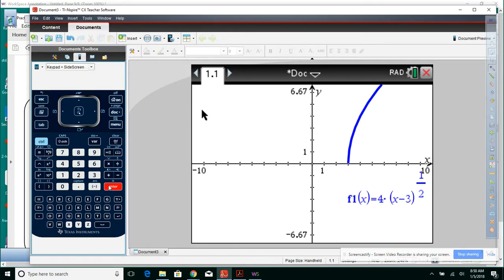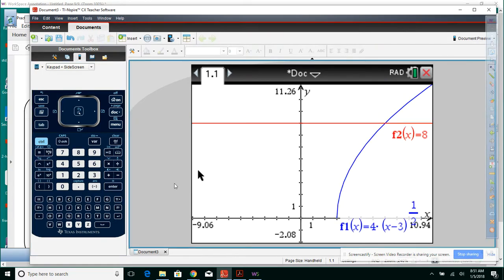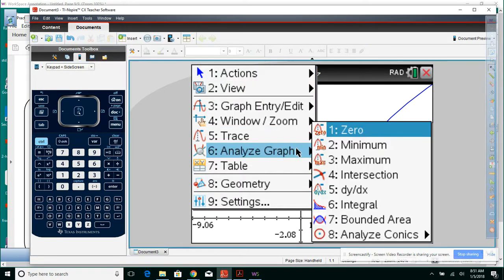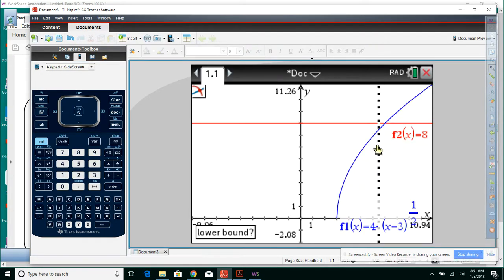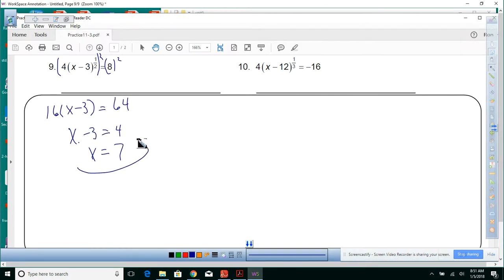Graph that. And then graph 8. I don't see it. Oh, there it is. Let's find this point. Menu 6, 4, and look at that, 7. Is that not our answer? It is.